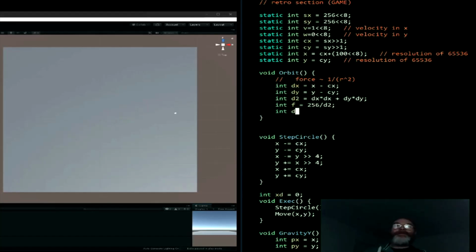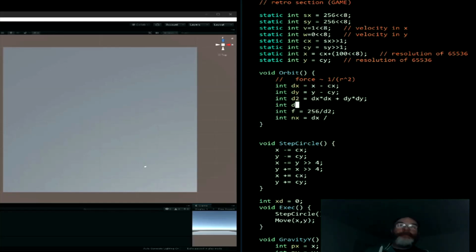So if I'm going to do that, the next step is to figure out the square root, because I need to normalize my vector dx. So how do you normalize a vector? You divide the vector by its length. So I'm going to call this nx. nx is equal to dx divided by the length of the vector. I haven't got the length of the vector yet.